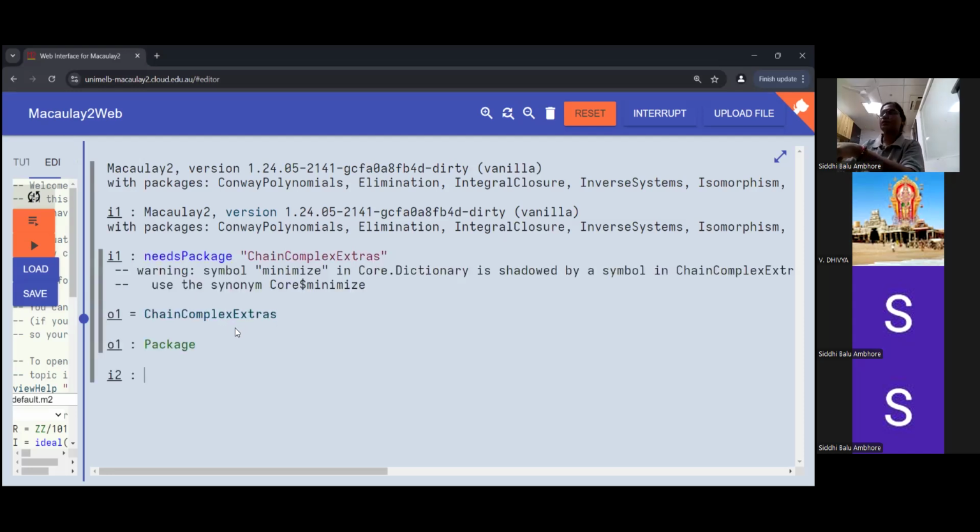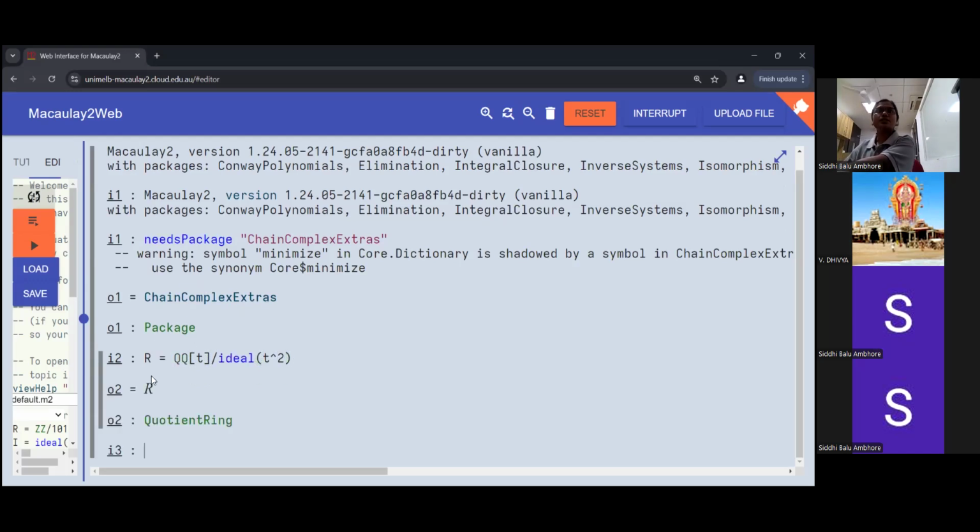Okay, the package has been loaded, and now we will just find it. So whatever ring we chose here, what was it? R is equal to QQ[T] quotiented by the ideal (T square). This is my local ring which I started with.